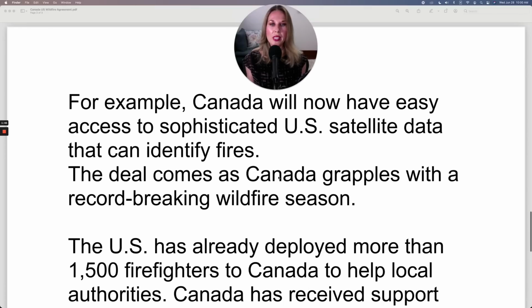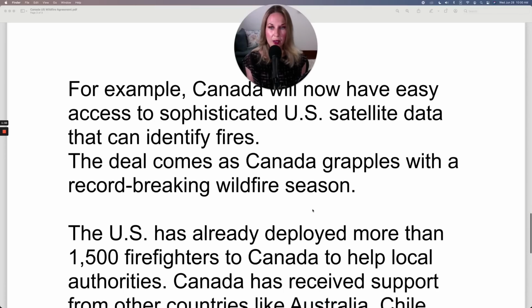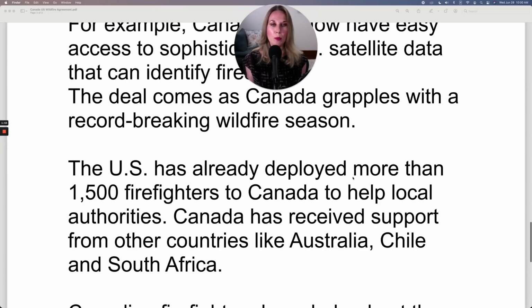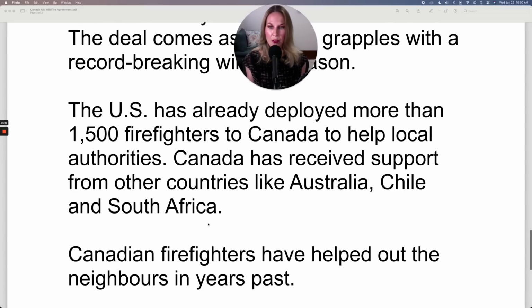The deal comes as Canada grapples with a record-breaking wildfire season. The US has already deployed more than 1,500 firefighters to Canada to help local authorities. Canada has received support from other countries like Australia, Chile, and South Africa.